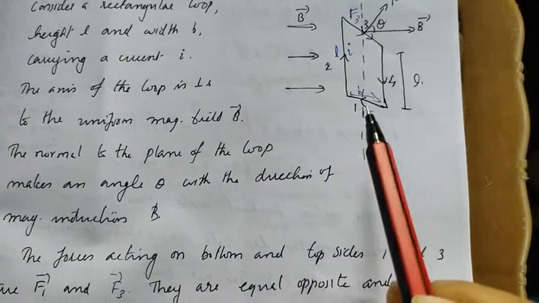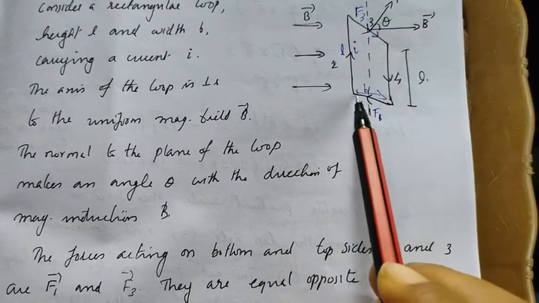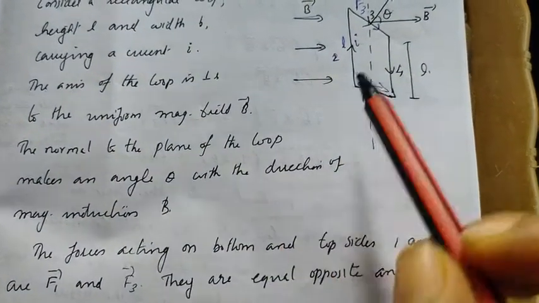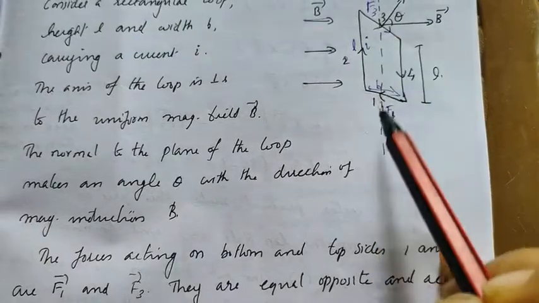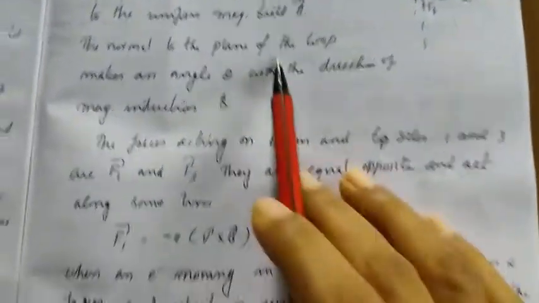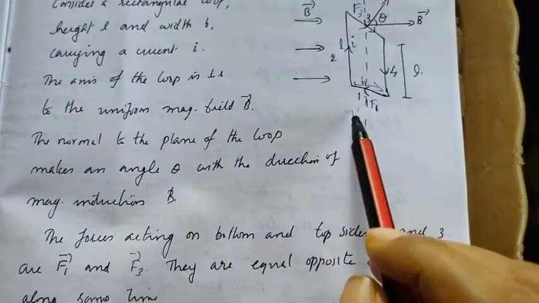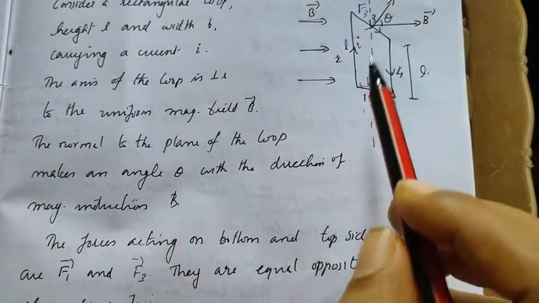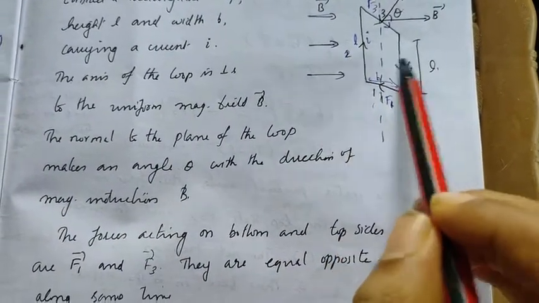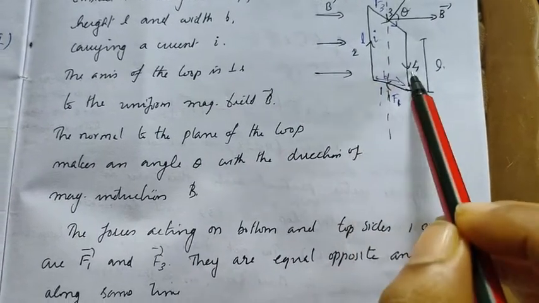We have to find out the forces acting along the sides 1, 2, 3, 4. We will find first the opposite sides 1 and 3 and then 2 and 4. In the opposite sides, the forces acting are marked as F1 and F3, and the forces acting on sides 2 and 4 are F2 and F4.